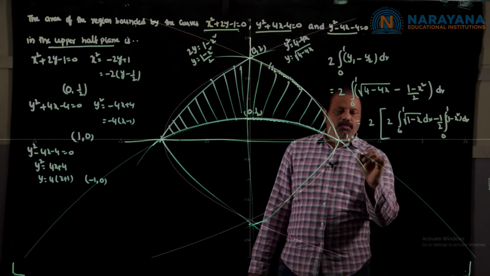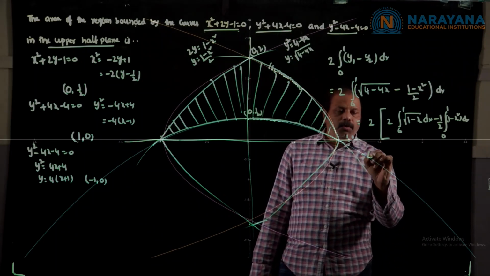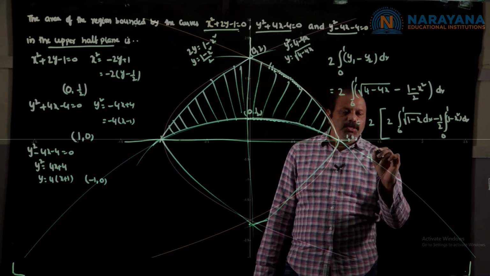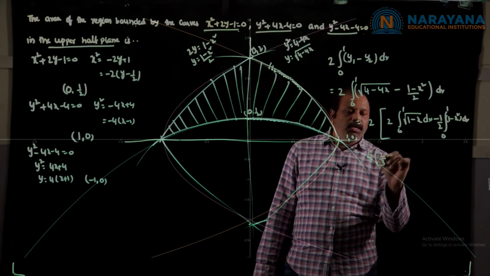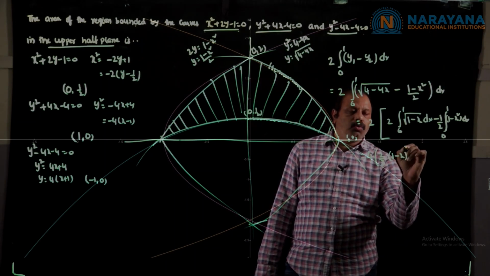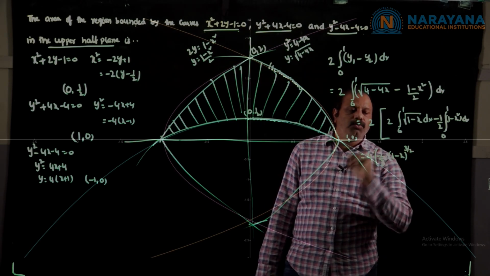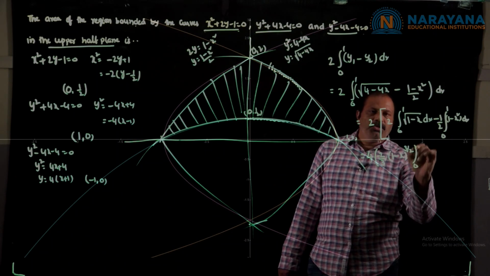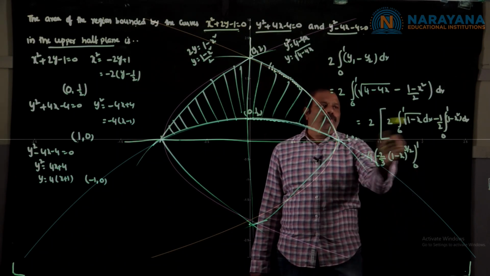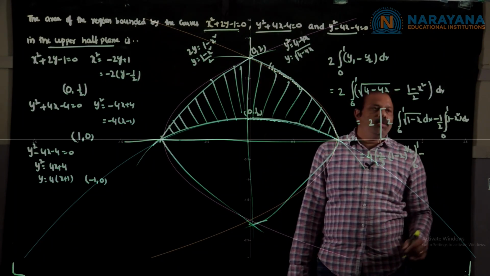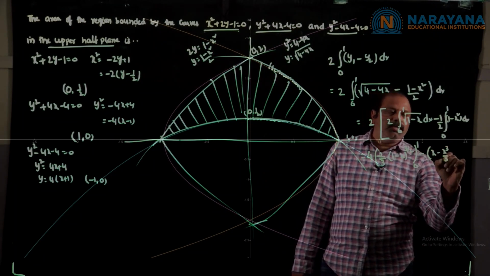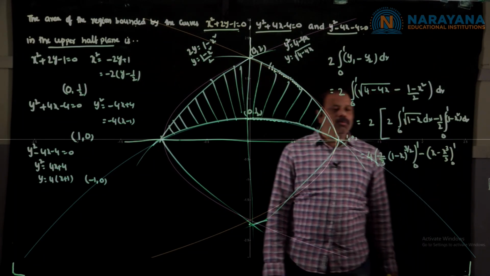This is equal to 2 into 2, which becomes 4, times the integration of 2 by 3 into (1 minus x) whole power 3 by 2 with a negative sign, because x has a negative sign, between the limits 0 to 1, and 2 into minus 1 by 2 is minus 1. This is x minus x cube by 3 between the limits 0 to 1.